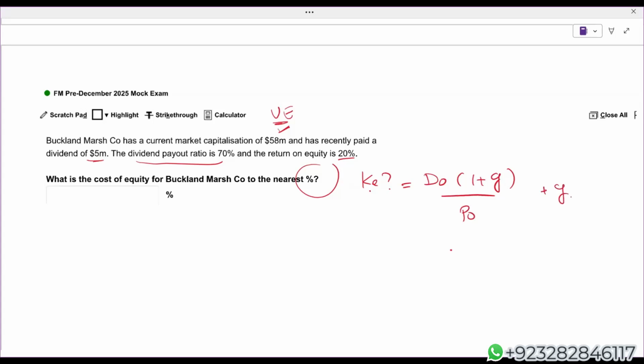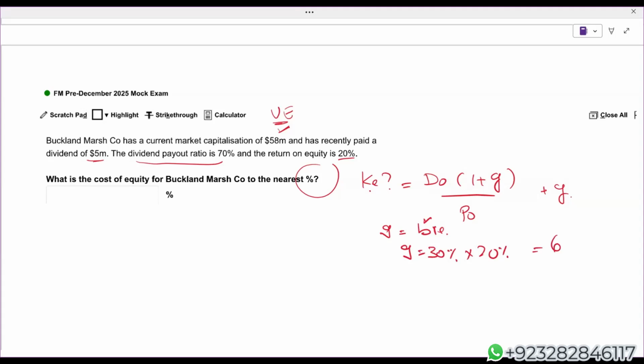By looking at the data, you should be thinking about the Gordon growth model to calculate g. The formula is g equals b times r_e. b is the retention ratio: if we are paying 70%, we are retaining 30%. r_e is the return on equity, given as 20%.